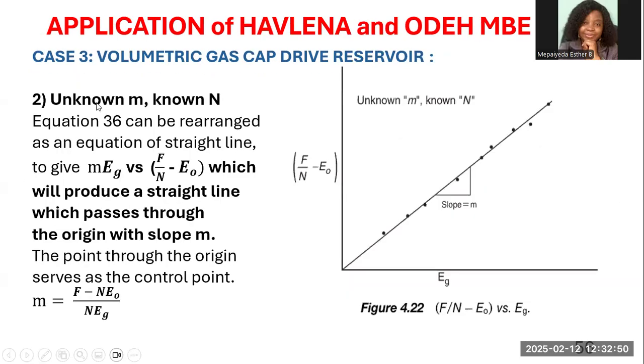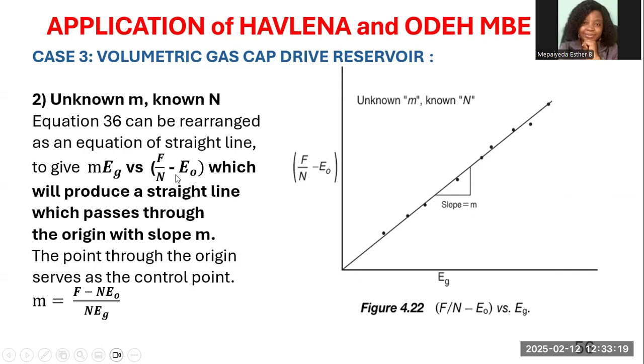Case 2, where M is unknown and N is known. So you rearrange the equation to give EG versus F over N minus EO. You plot F over N minus EO against EG.